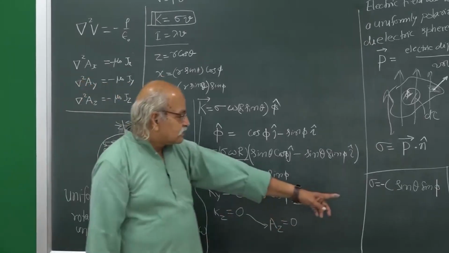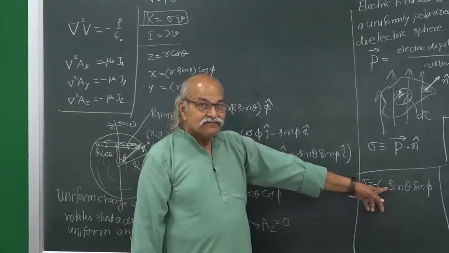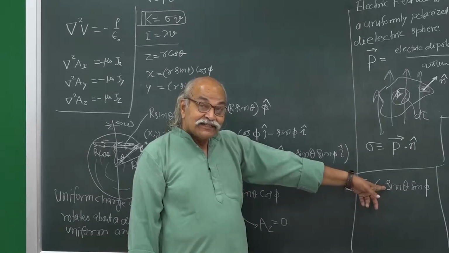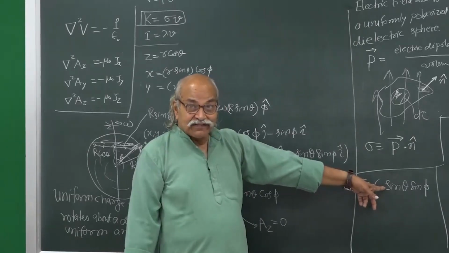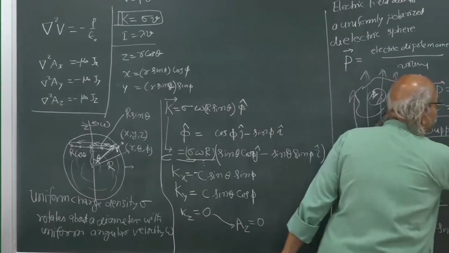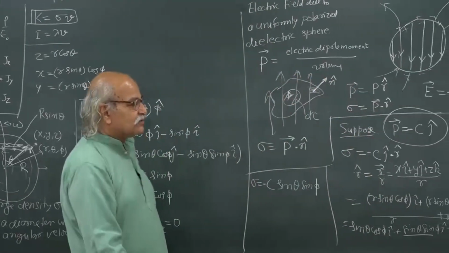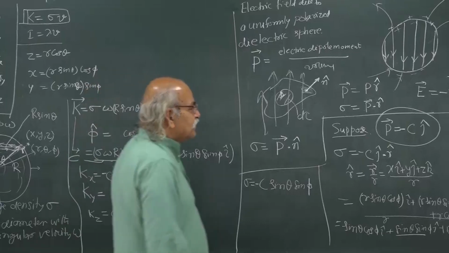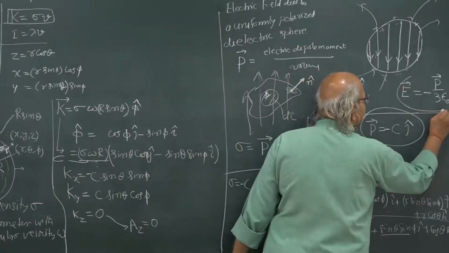For this charge distribution, do I know the electric field? Yes, very much. This charge distribution is coming from this kind of polarization. And if this is the polarization, here is the electric field.